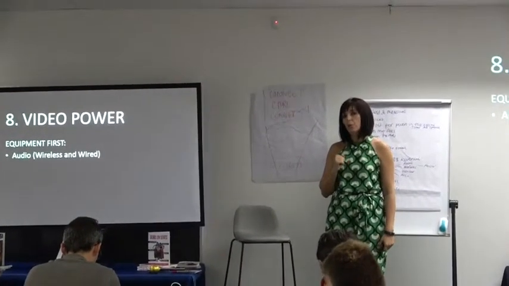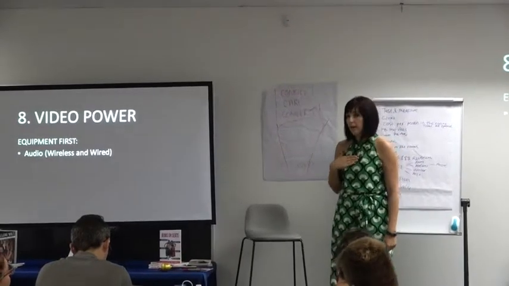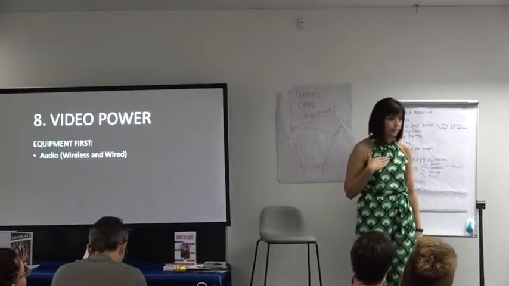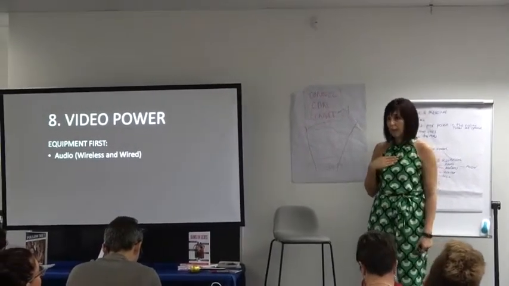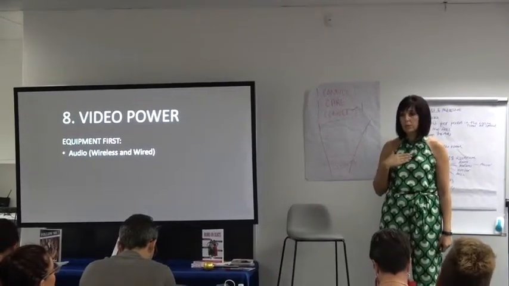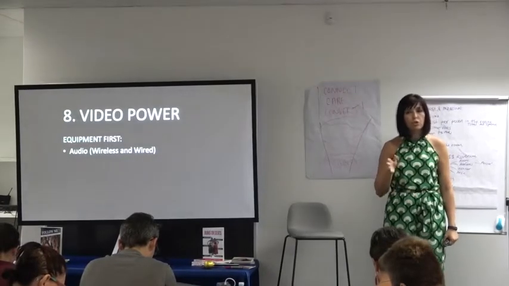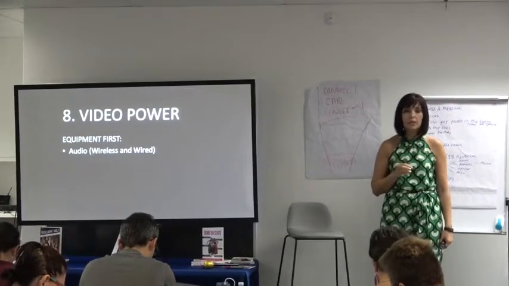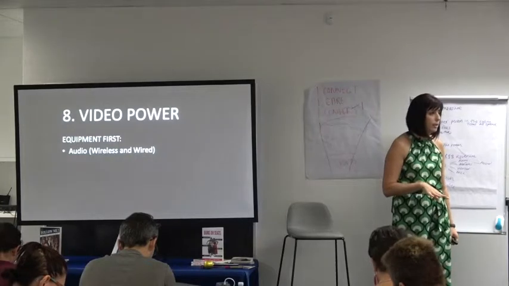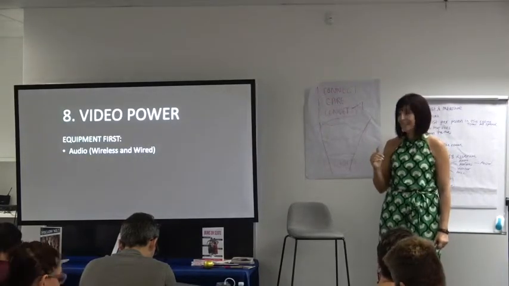When you are using these mics, your camera actually must have a mic jack. If it doesn't have a mic jack, it generally means it's a lower quality camera. Cameras under $600-700 will usually not have a mic jack, so invest in one that has that.